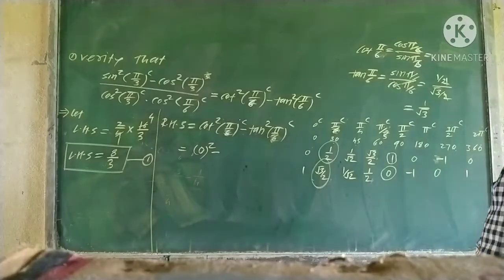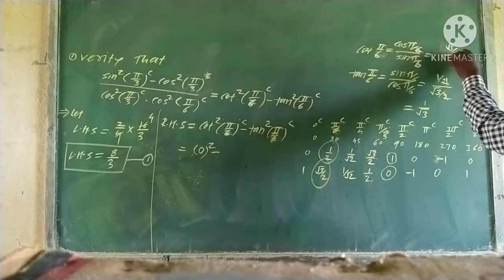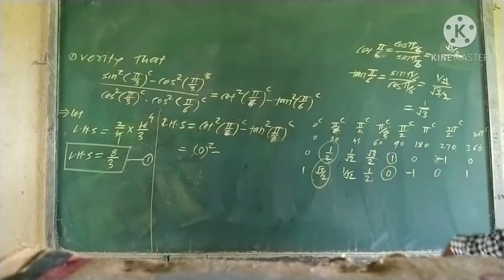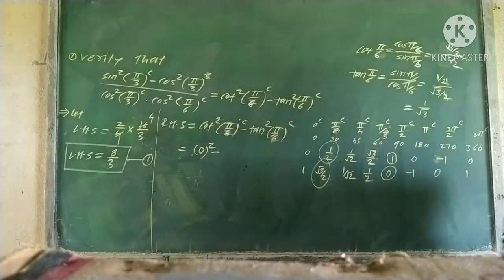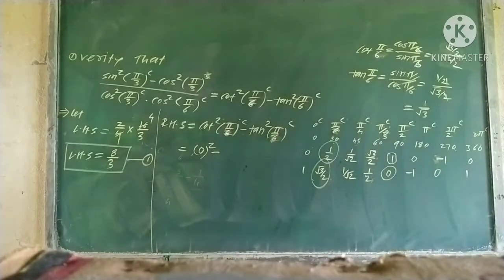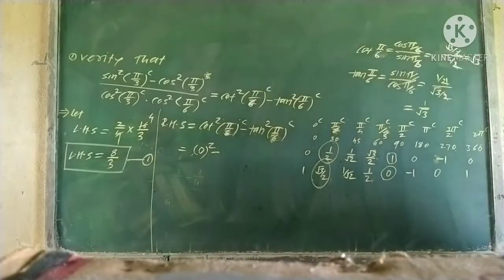This term is equal to square root 3 divided by 2, divided by 1 upon 2. Now the 2 gets cancelled, so this term is equal to square root 3.